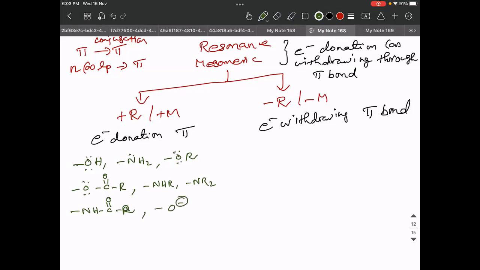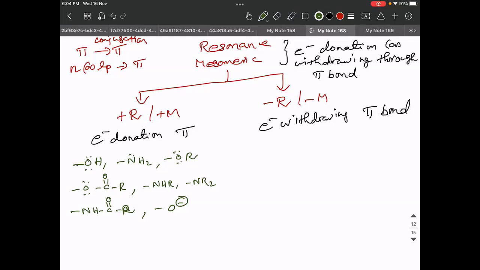Is there anything else I have missed? Alcohol, amine, ether. Okay, in an ester, it is the reverse, the oxygen side is attached, not the carbonyl side. NH, secondary amine, tertiary amine, amide. Okay, and then phenoxy, where oxygen is attached.